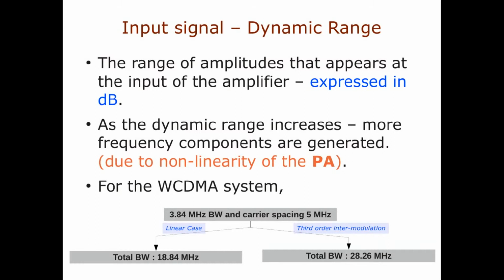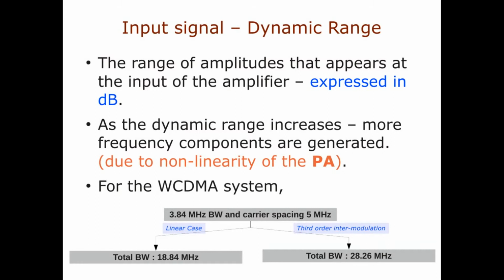So if you are using an ideal filter with 4 multi carriers, for the linear case your total bandwidth comes to around 19 megahertz.